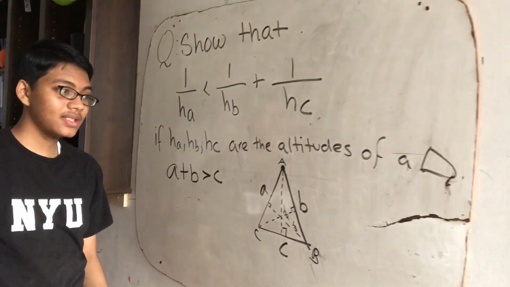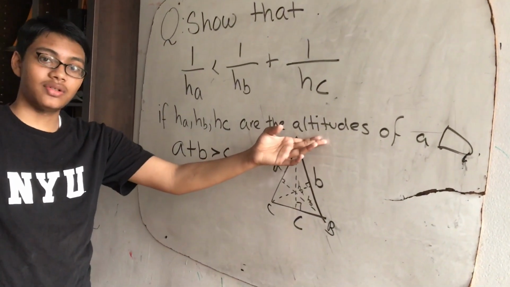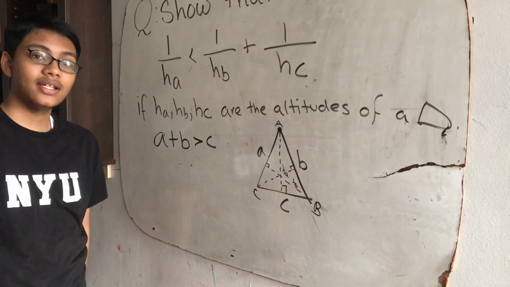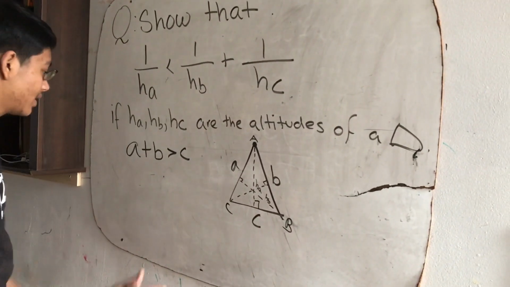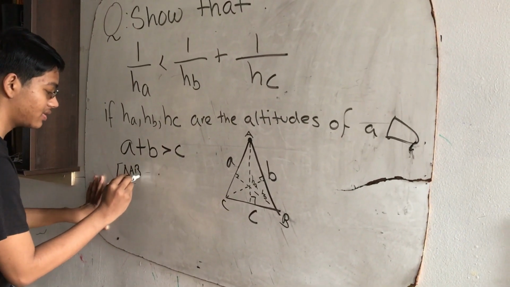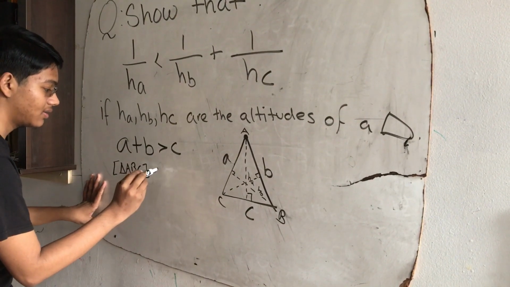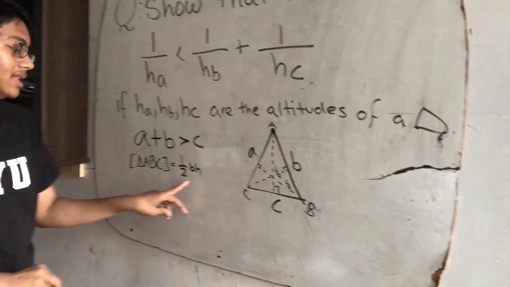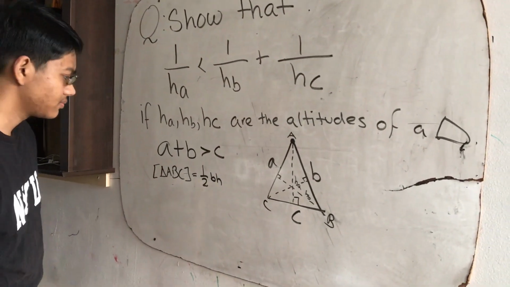Well, one of the things you can do is, since we have altitude and since we have sides, we can relate the altitude to the side using the area formula. If you know the area formula of a triangle, you will know that the area of a triangle is equal to half BH, where B is the base and H is the height.